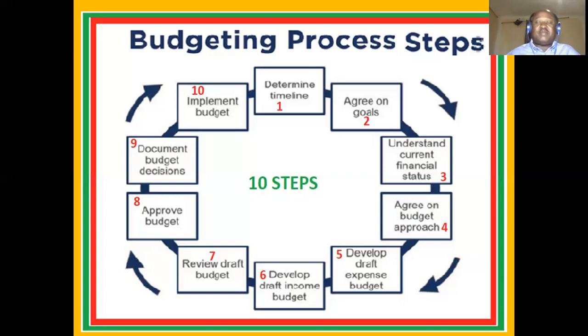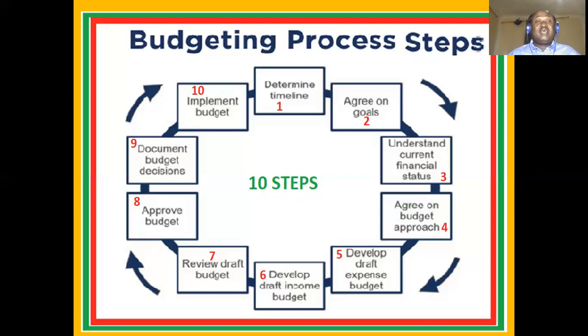7, review draft budget. Time and again, we look at it and see if there are any changes. Prices sometimes change, but our continuous research will tell us if something has changed, and we review the budget and get the correct current figures. Number 8, we approve the budget. If we have reviewed it in number 7, in number 8 we have to approve the budget so that the project can go on.